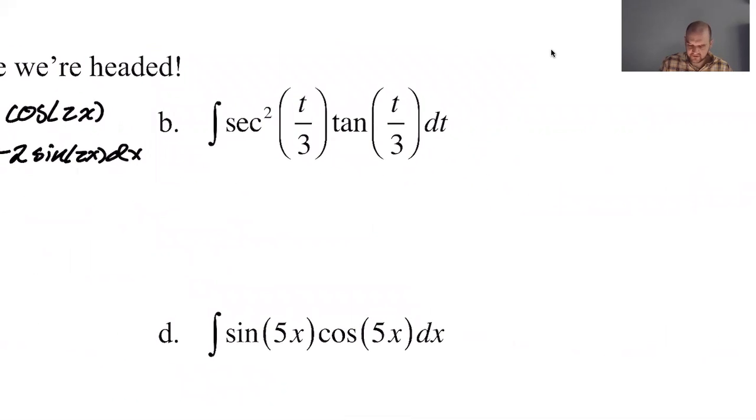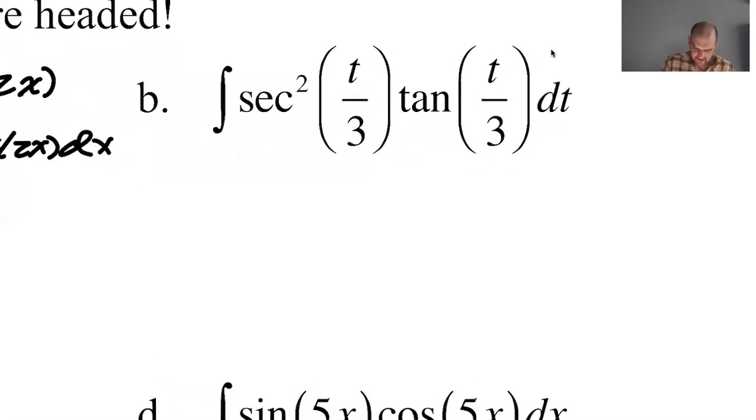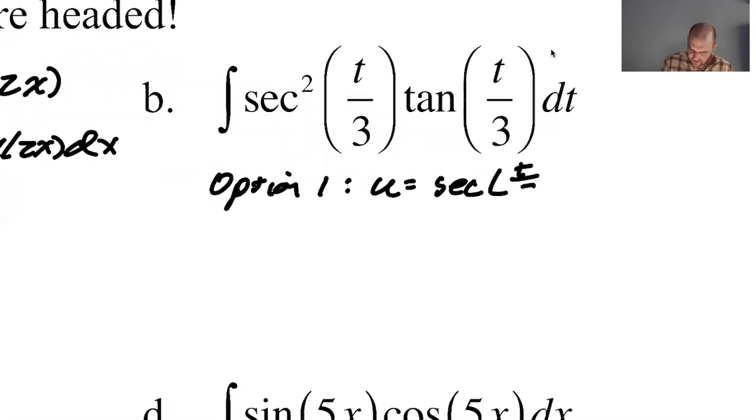All right. When you're dealing with this, you have to ask yourself, if I make u equal secant, the derivative of secant is secant tan. That works. If I make u equal tangent, the derivative of tangent is secant squared. So that works too. You can actually do this either way. So option 1 is u equals secant of t over 3.